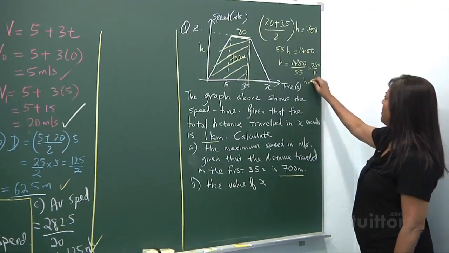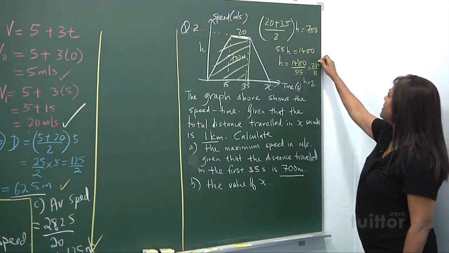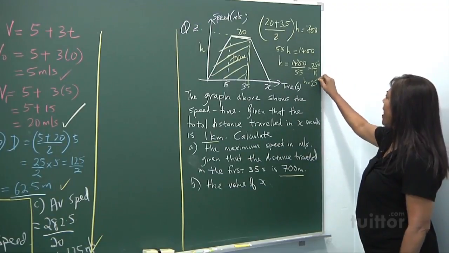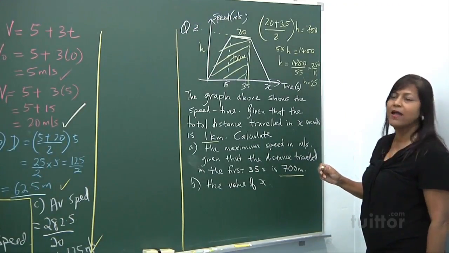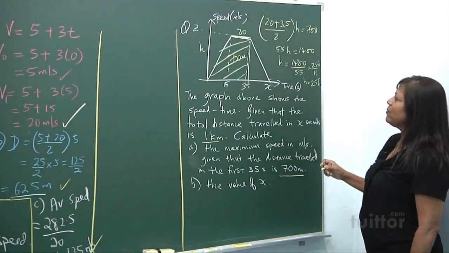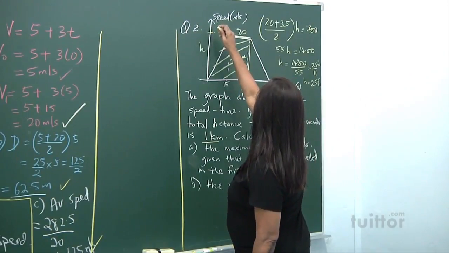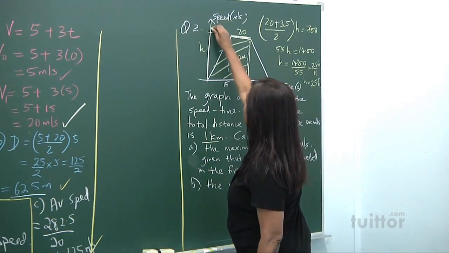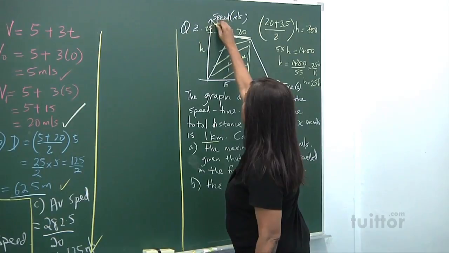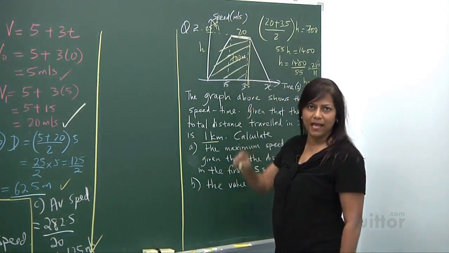So your height will be 22, and you carry the 6 up here, you get a 5 is a 55, and 5 over 11. So this point here is 25 and 5 over 11. 25 wholes and 5 over 11 meters per second.